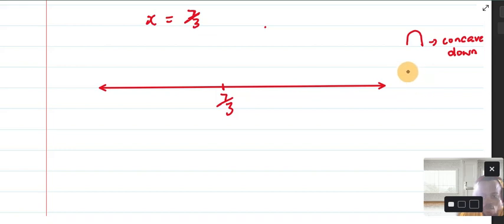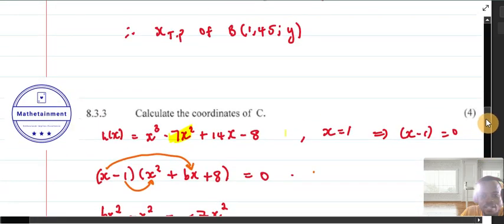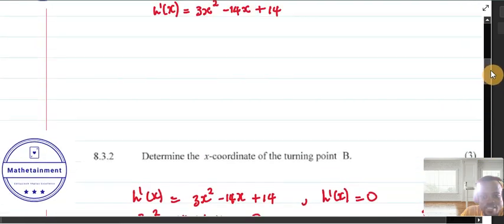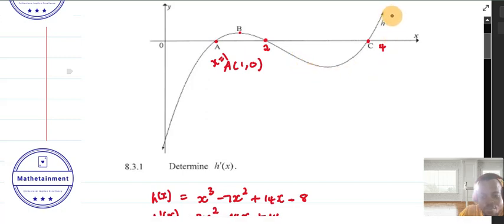But when it's concave up, it's like this. This one is concave up. So you see that my graph goes like this. It becomes concave down, and then at the point of inflection it changes and becomes concave up.